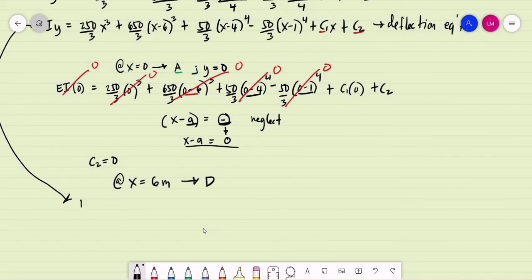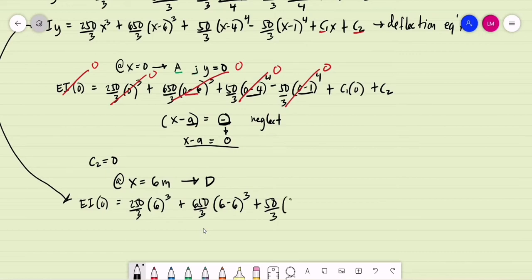So we have EIy is 0 is equal to 250 over 3 multiplied by 6 cubed plus 650 divided by 3, this is multiplied by 6 minus 6 cubed, plus the 50 over 3, this is multiplied by 6 minus 4, this is raised to 4, minus the 50 divided by 3, multiplied by 6 minus 1, this is raised to 4, plus c sub 1 times 6, plus c sub 2 is 0.